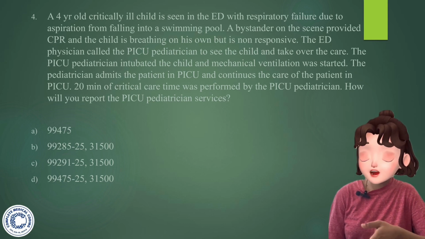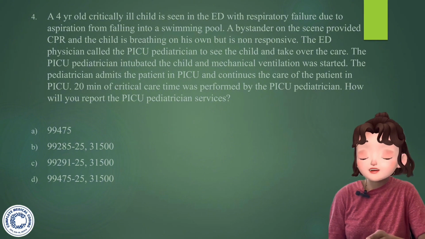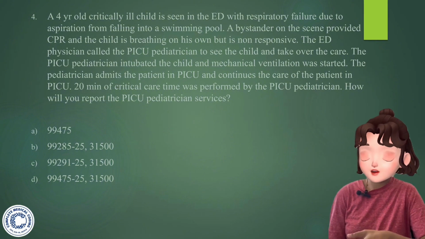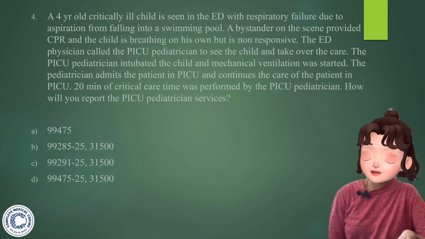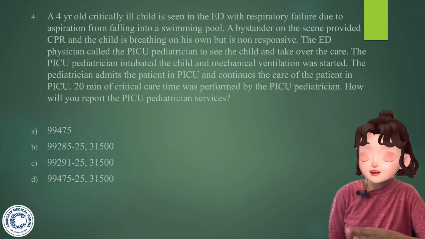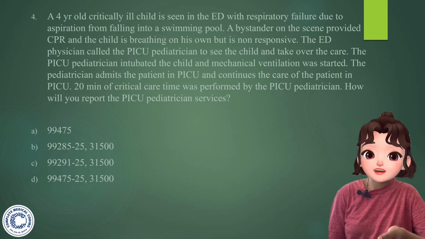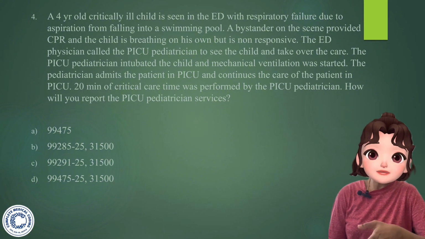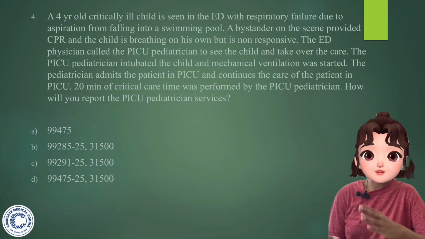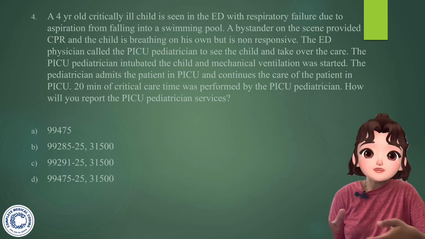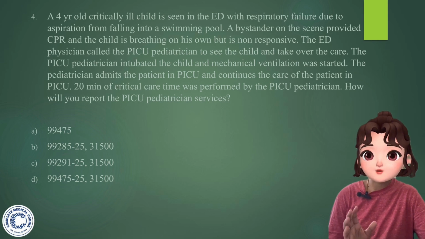So don't be confused that since time is mentioned in the question, you have to code with this one. That is wrong. Even though the time is mentioned as 20 minutes, it doesn't matter. Since in the question we have directly mentioned that it is a PICU patient, and we have a direct PICU code, don't go for this one. So option C is also wrong.